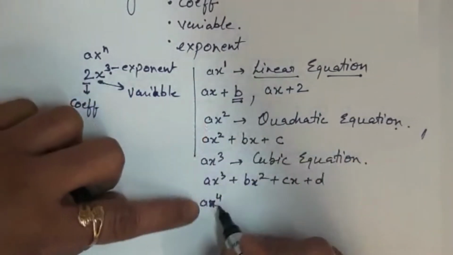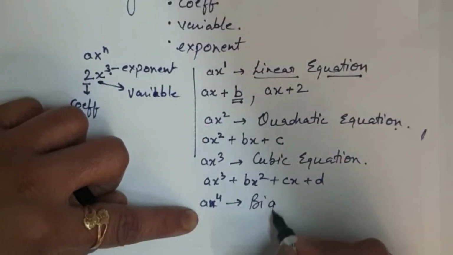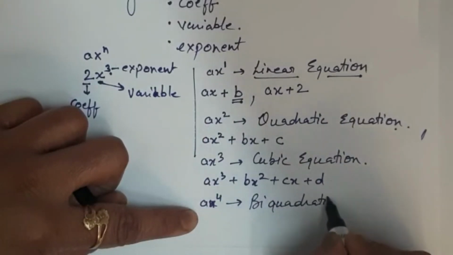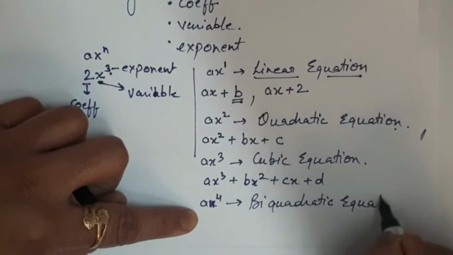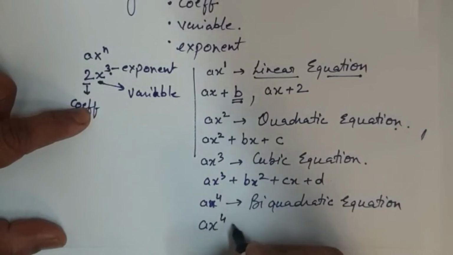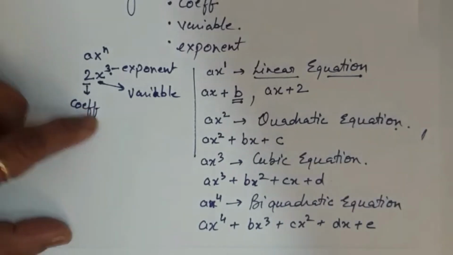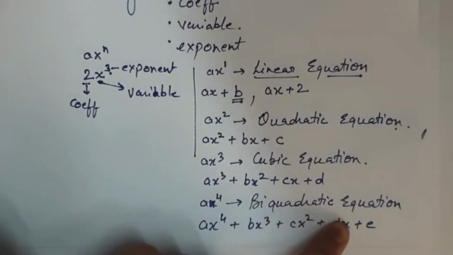It's 2 over here, twice of 2 is 4. So I can say biquadratic equation. Now again I have written equation, so the equation can be ax to the power 4 plus bx cube plus cx square plus dx plus e. So such kind of equation comes under biquadratic equation.